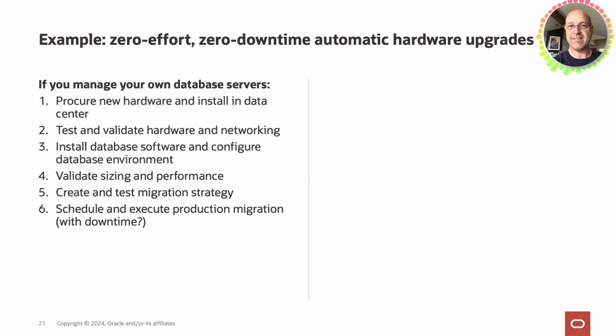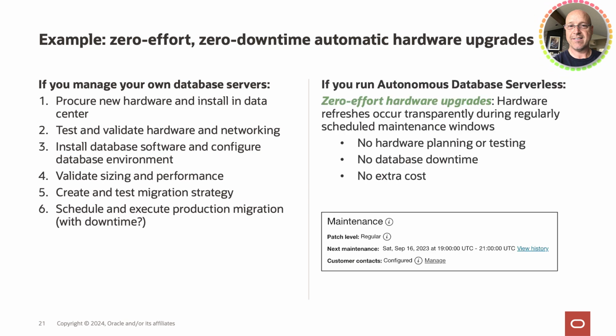If you managed your databases on-prem, you would be installing hardware and test validation setups, and installing all that database software yourself. It's just a lot of mundane things that you would have to do. Whereas if you're running with Autonomous Database at Azure, which is Autonomous Database Serverless, you have zero effort hardware upgrades, zero effort DR setups, zero effort maintenance, you have pretty much zero effort everything, right?